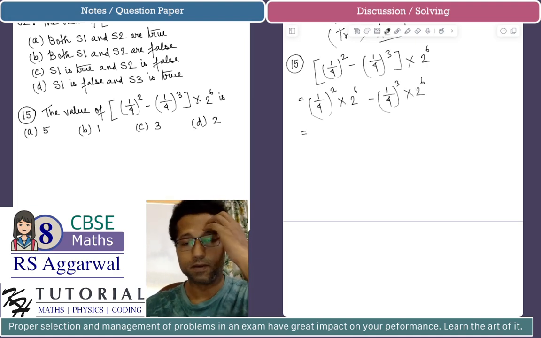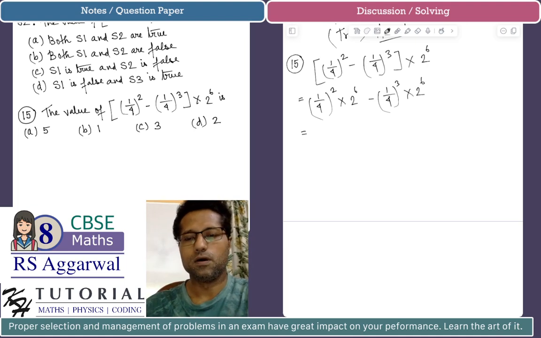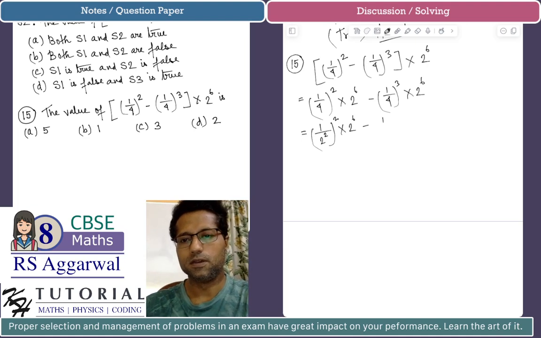Now, 1 by 4 raised to the power 2, I will write 4 as 2 square. So this is (1/2^2)^2 multiplied by 2 to the power 6 minus, similarly, (1/2^2)^3 multiplied by 2 to the power 6.